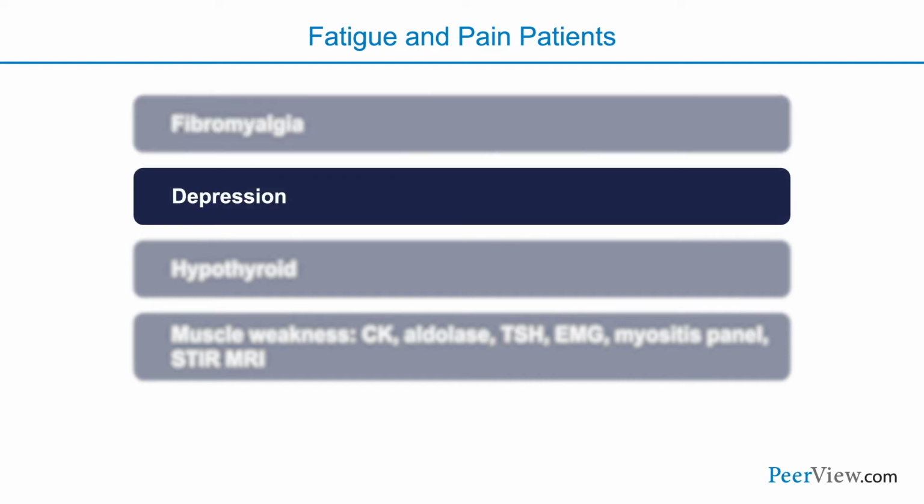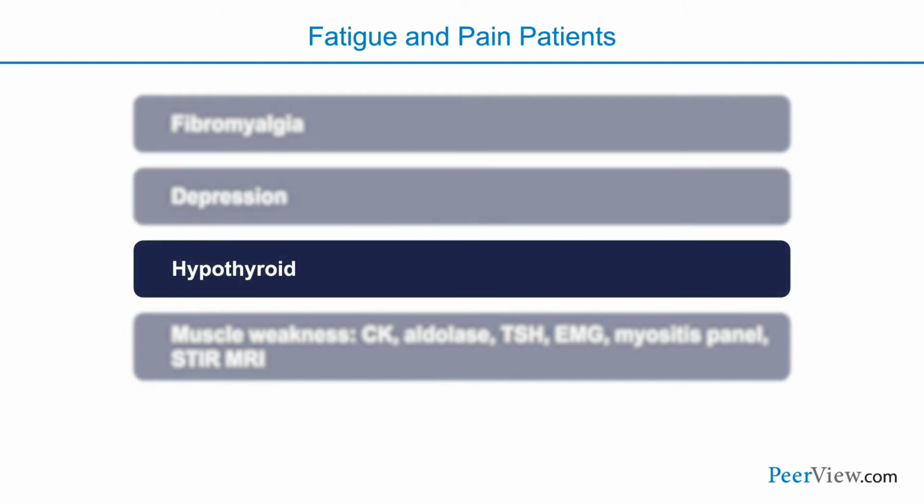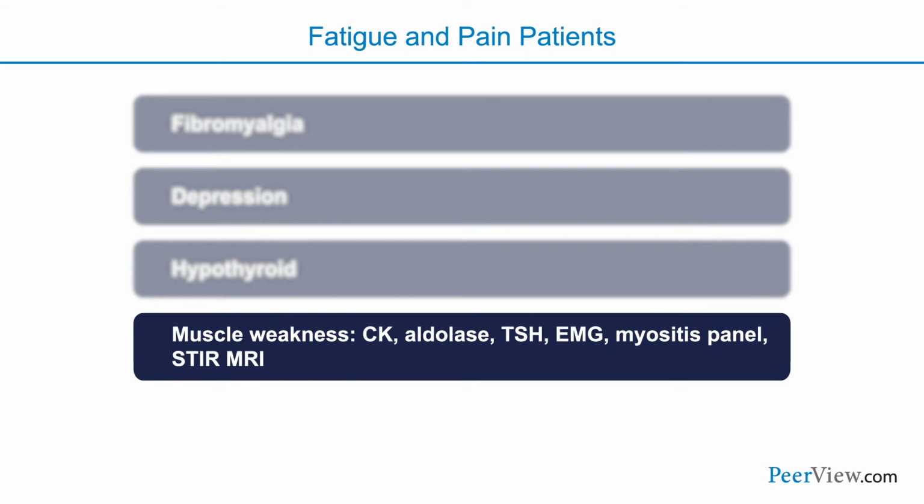Depression can cause fatigue and pain, and hypothyroidism should not be missed because it's going to cause fatigue, muscle, and joint pain. And 10% of people with lupus also are hypothyroid. Now, particularly if the patient is complaining of muscle weakness, do check for myositis, with obviously a CK and aldolase, but also a TSH to make sure there isn't hypothyroidism.